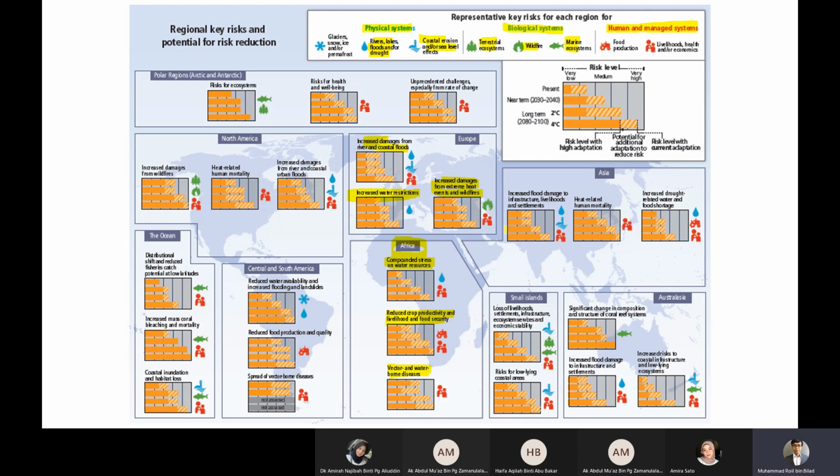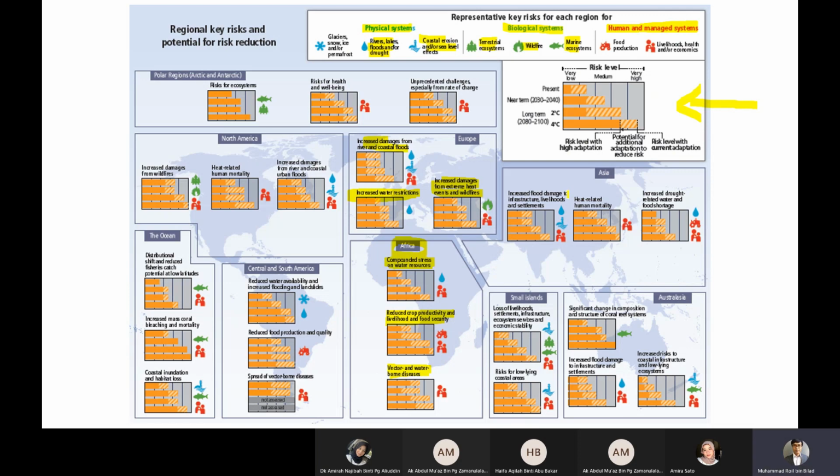Let's look at what happened to us. This is Asia. This is the legend of how you interpret the bar. Asia, increased flood. We've seen it recently in Malaysia.